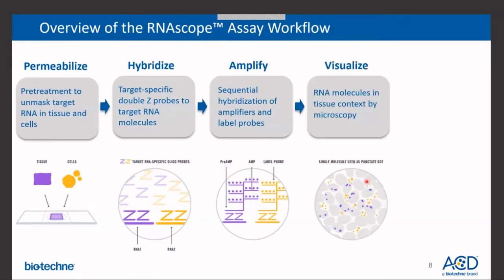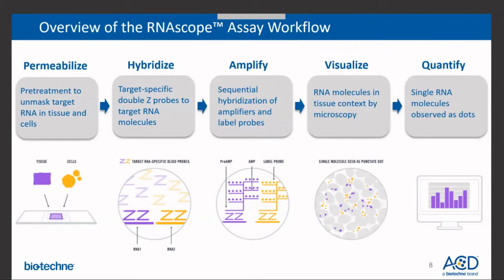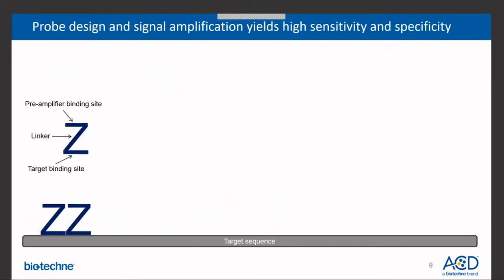This generates such a high signal-to-noise ratio that RNA molecules are visible as punctate dots at the end of the day, which are quantifiable with image analysis software. And this assay can be used to visualize messenger RNA, but also long non-coding RNA, even splice variants or highly homologous sequences.